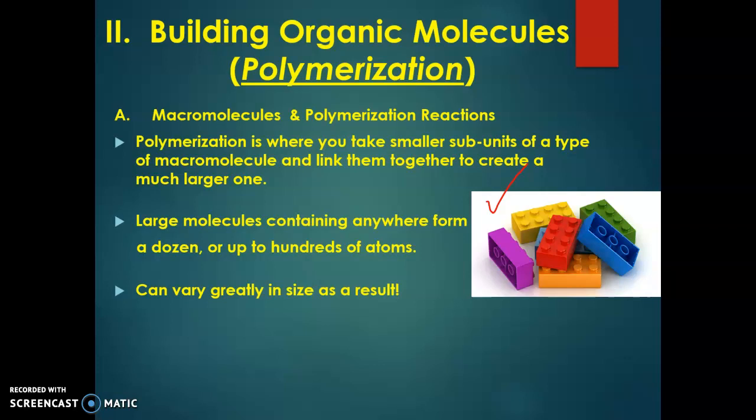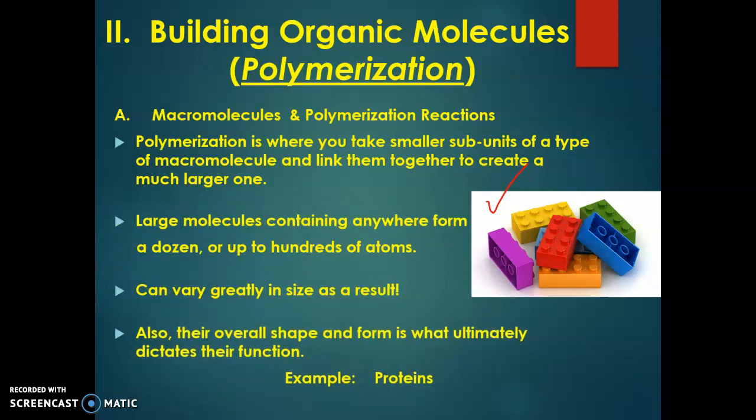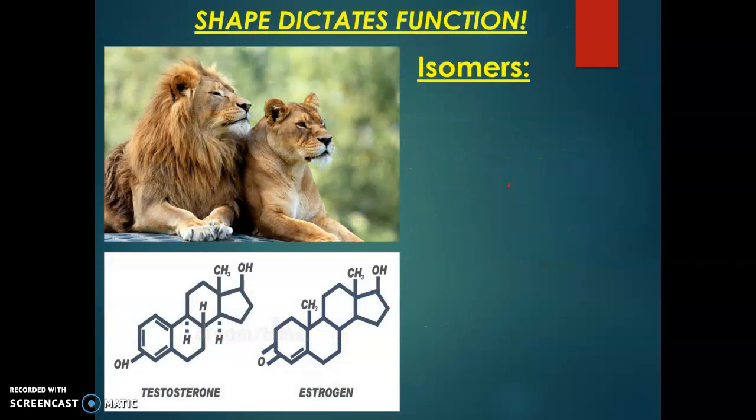And because of all the potential ways you can link them together, whatever shapes you create, for example proteins, you can build them in any direction and they can take on numerous different possible shapes. The shape of what they form, and how you put those monomers together, is ultimately going to dictate the function. Hopefully you remember me mentioning last unit that shape dictates function, because it does.